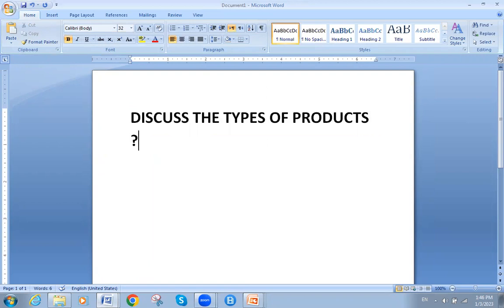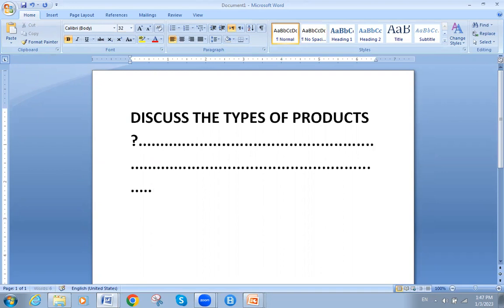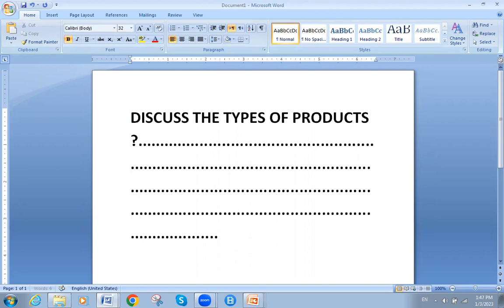Then you go inside it and say the consumer products are divided into four types, and these types, as we said, are convenience, shopping, special, and unsought. Those are the types of products.